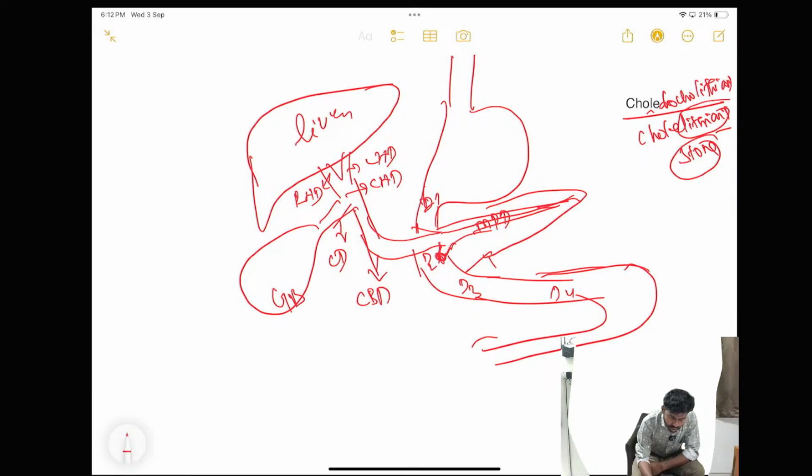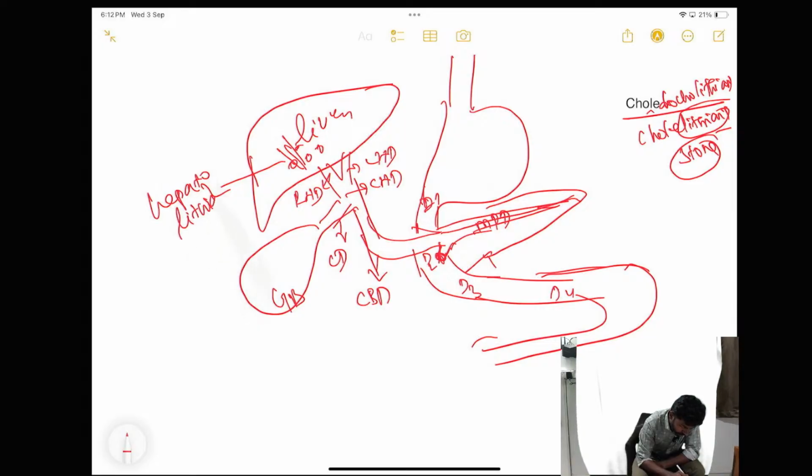Suppose there is a stone in the liver; that is called hepatolithiasis. Stone in the gallbladder: cholo means bile, so a stone in the gallbladder, the bile stone, is called cholelithiasis.